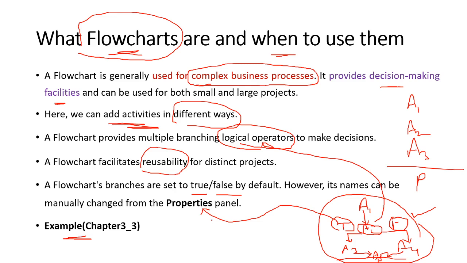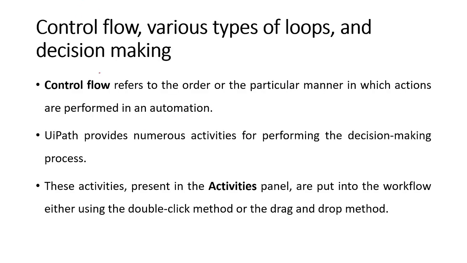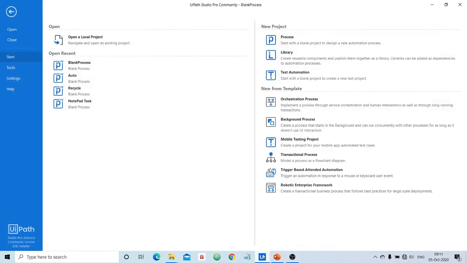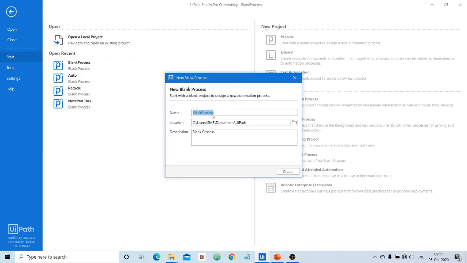Now we shall do a simple exercise which will help you create a flowchart using UiPath Studio. Then I will come back to control flow activities, right? Okay, so I will go back to UiPath Studio now. Then we shall start with a new process or project.